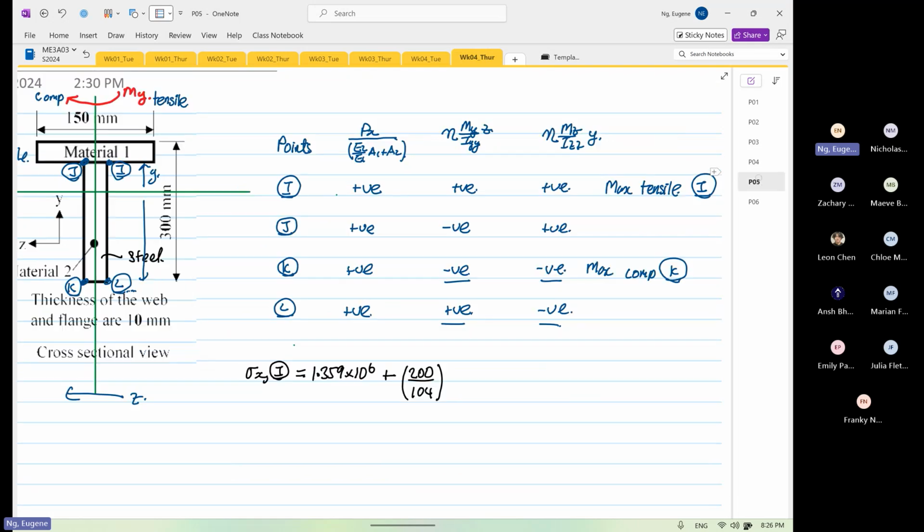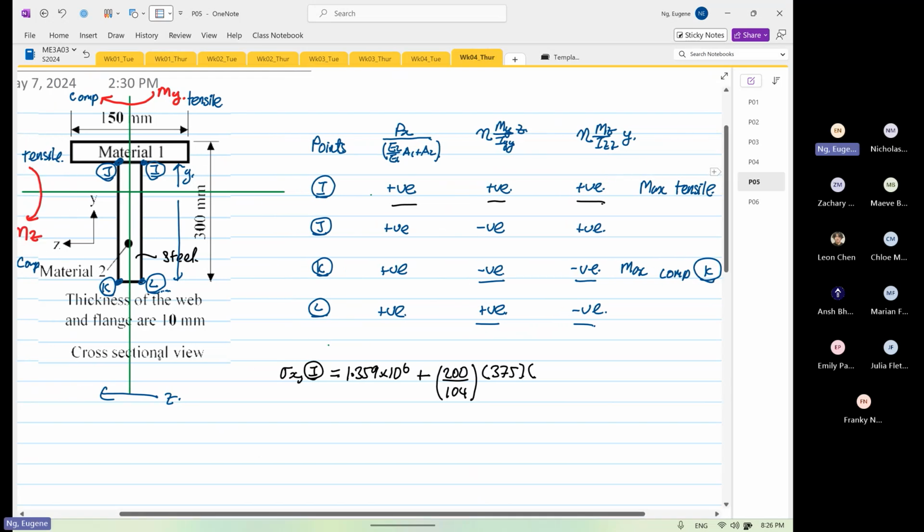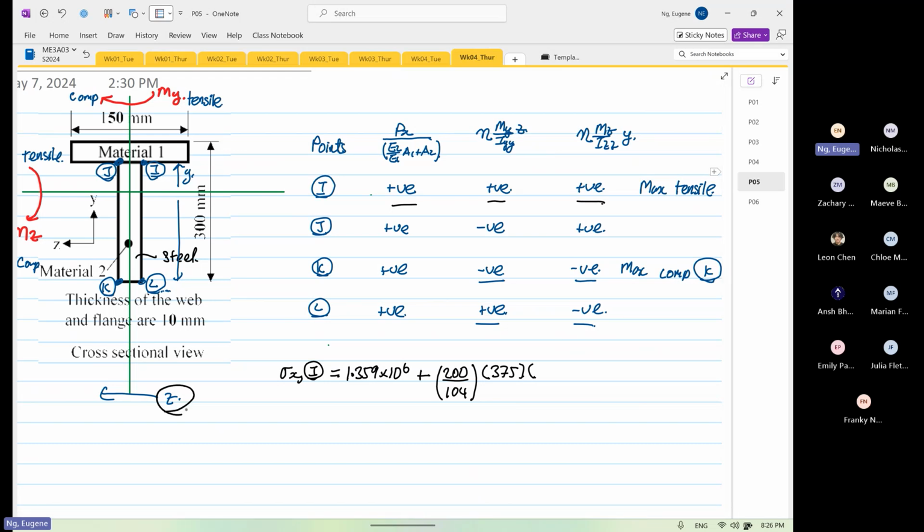My is 375. So we are calculating point I. Everything is in tension. And then the Z distance of point I. Okay, so this is Z.